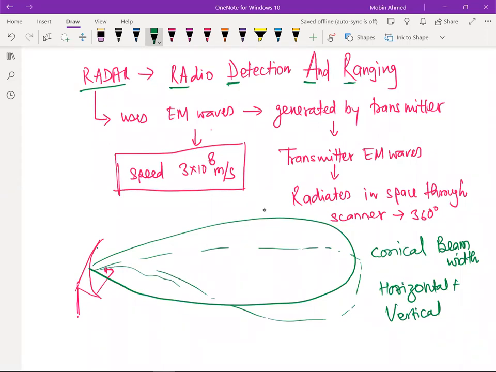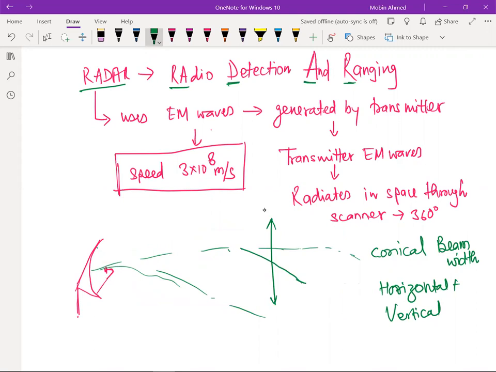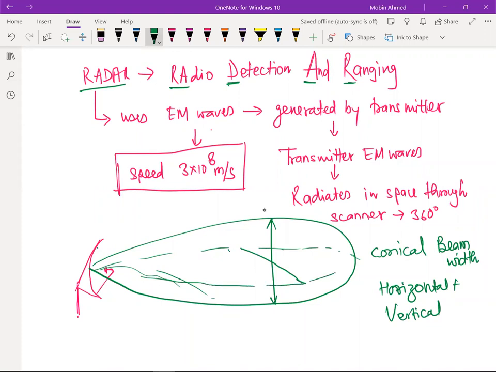It is going to have a vertical, and there is going to be a horizontal. Like this. So there is a horizontal and vertical, both are there. This is the horizontal and vertical view.